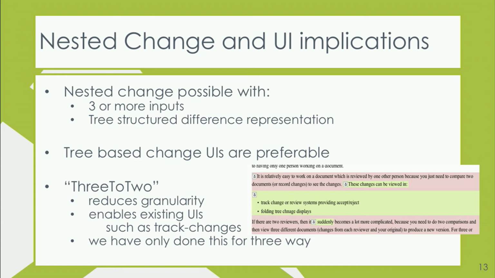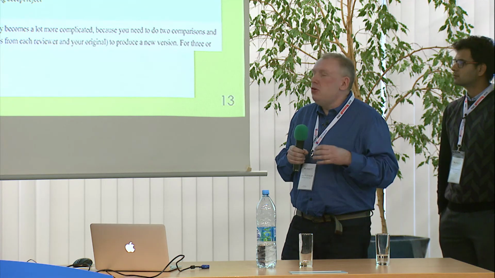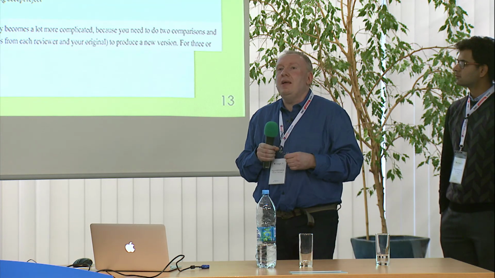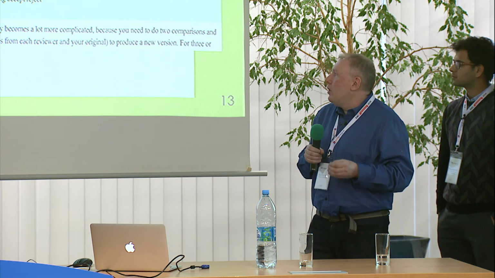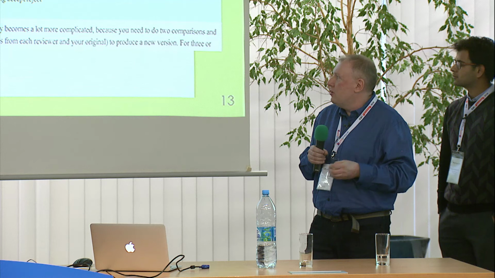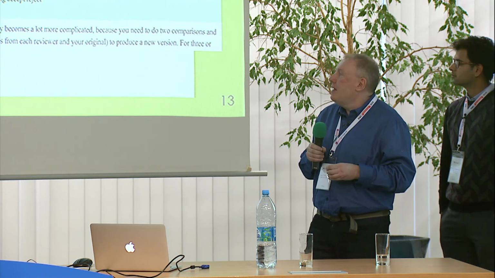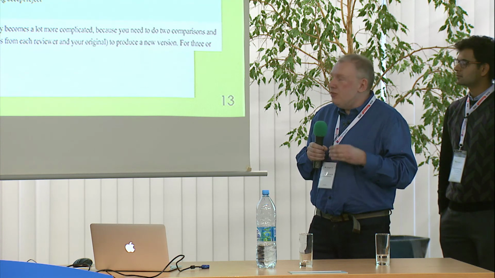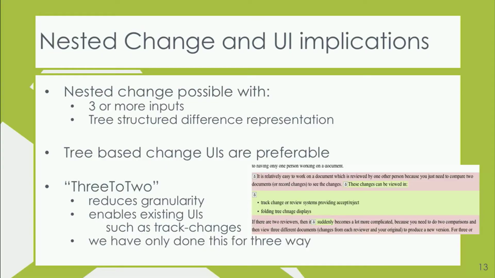Now, we realize that we are introducing something that is against convention here. So we also think that there are ways of making compatibility. 3 to 2 is a process of turning something like that into something which fits existing user interface models, such as the accept-reject mechanism you find in track changes.